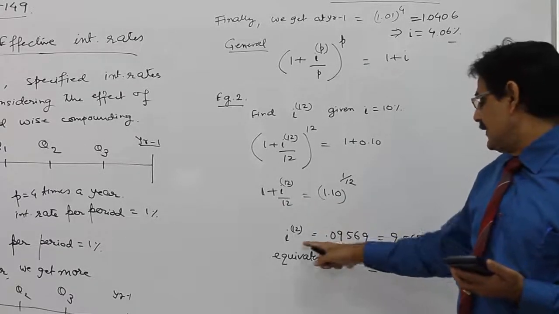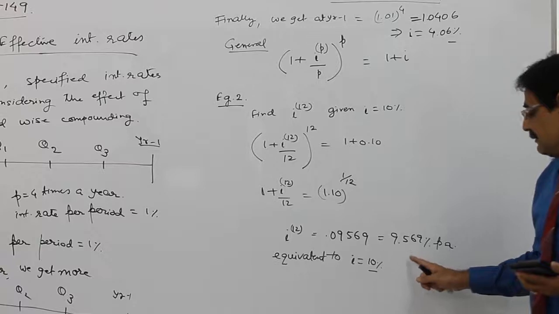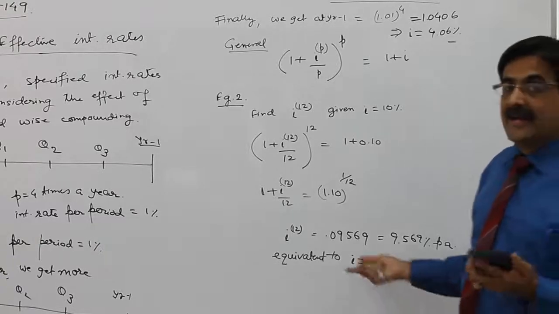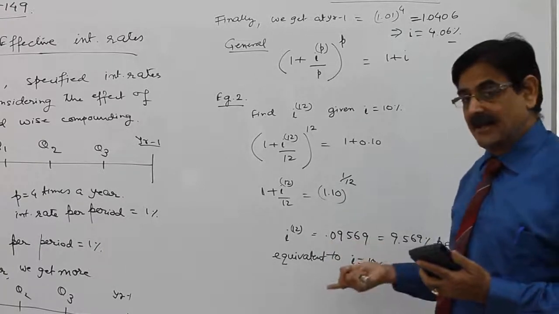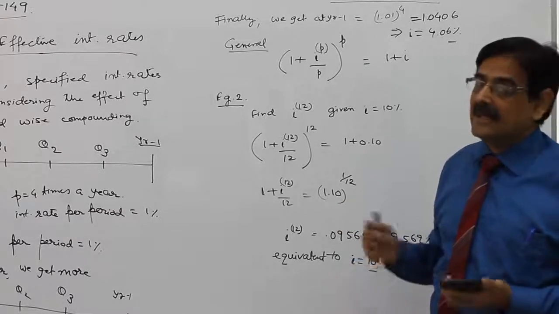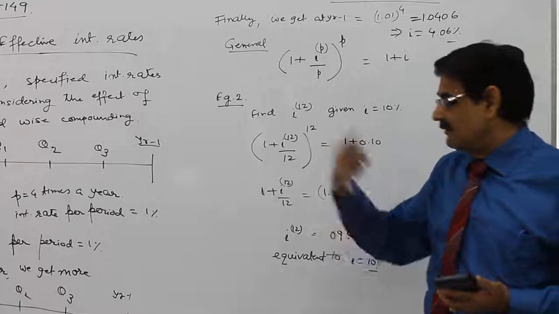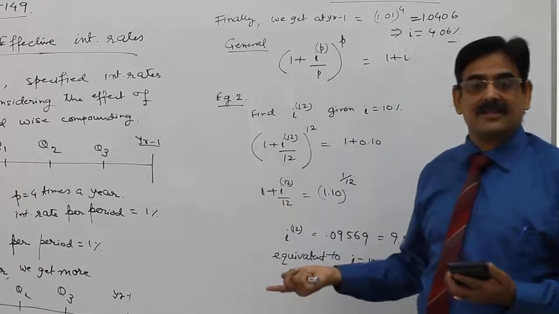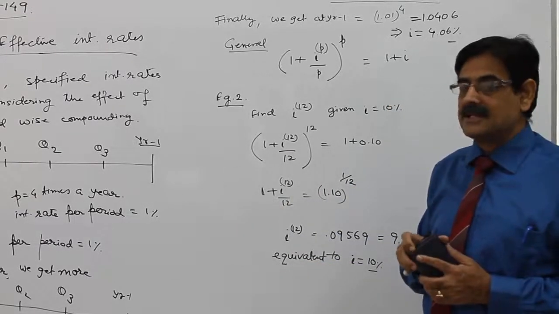Solving this, I(12) comes to be 9.569%. As expected, the effective interest rate is always going to be higher than the nominal interest rate because of the compounding effect over interest.